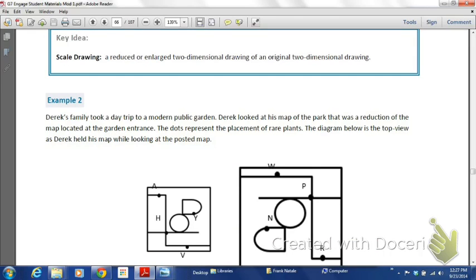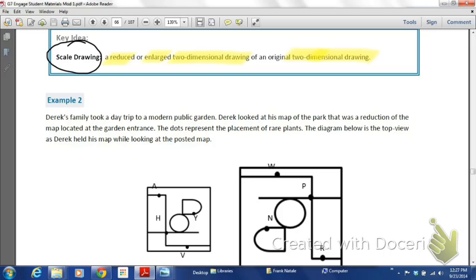Okay, and here's our key idea. Scale drawing. This is what we are most interested in this lesson. It is a reduced or enlarged two-dimensional drawing of an original two-dimensional drawing.